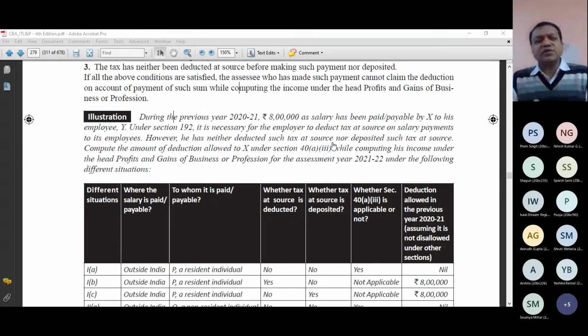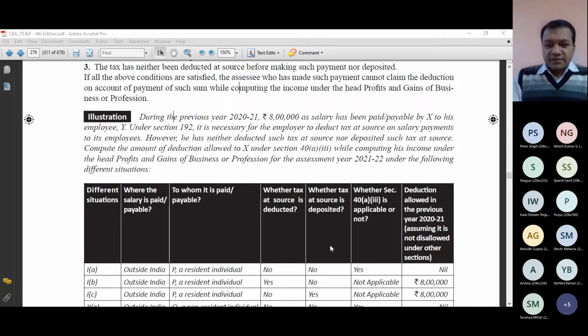So ultimately the intention of the government is clear, that government is not willing to unnecessarily disallow these genuine expenditures. So to the maximum possible extent, they try to give you the benefit. Just because you failed in deducting or depositing TDS, unnecessarily they are not adding back these expenditures in your P&L account.